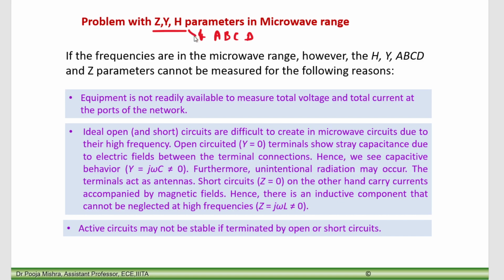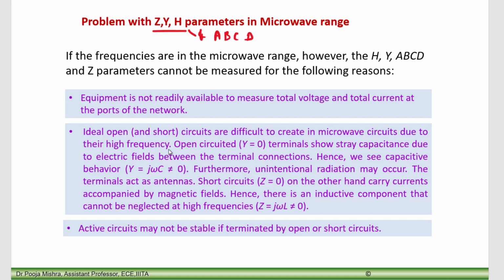H parameters were determined when one of the ports is either short circuited or open circuited. Means we always have to create an open circuit or short circuit within a two port system to measure the parameters. However, what happens in the microwave range if you create an open circuit?